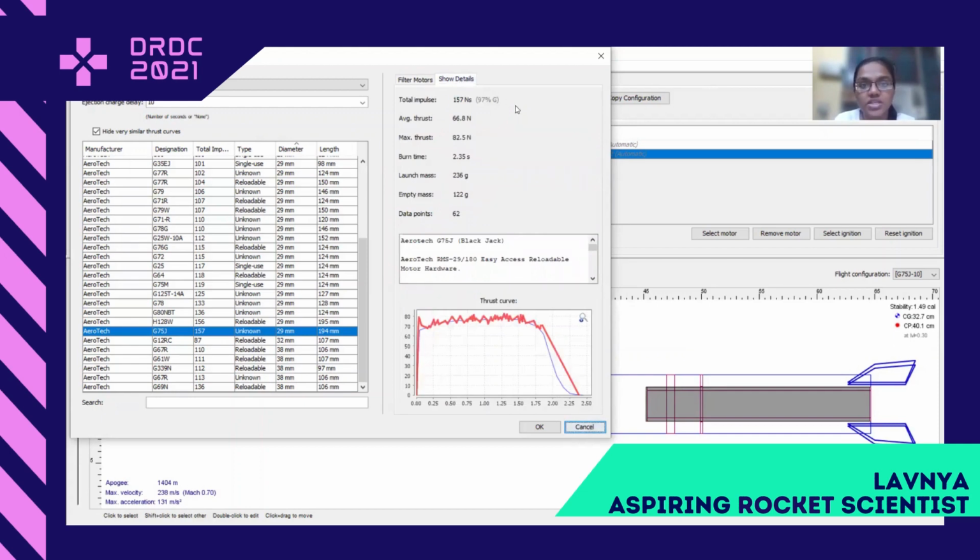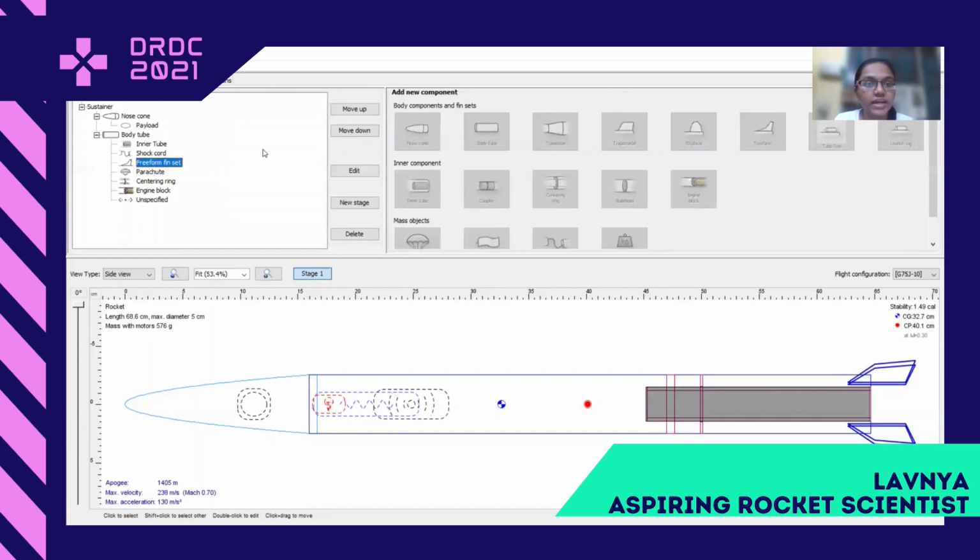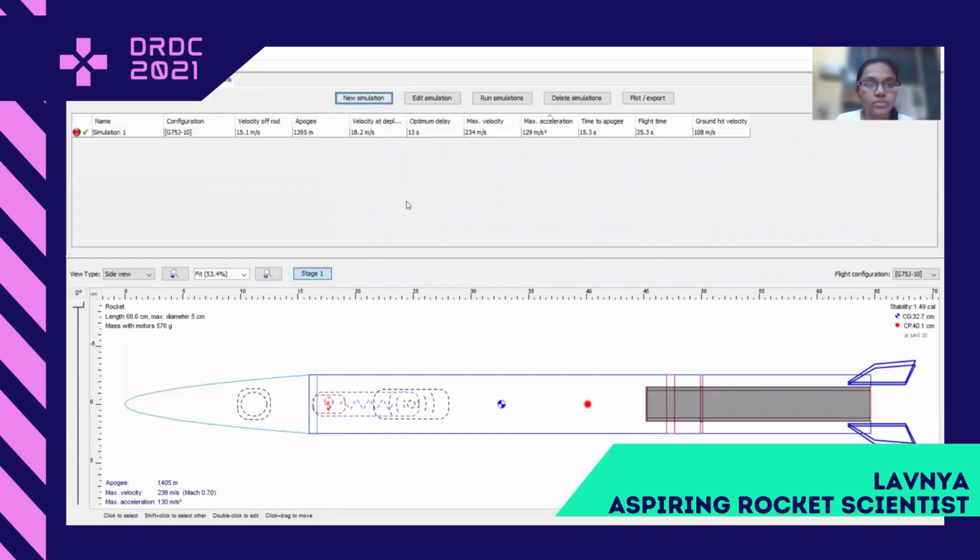It's 157 NS, and this is the thrust curve you can look at here. So we have looked at the motor and all the other factors, and now we can go for the simulation.